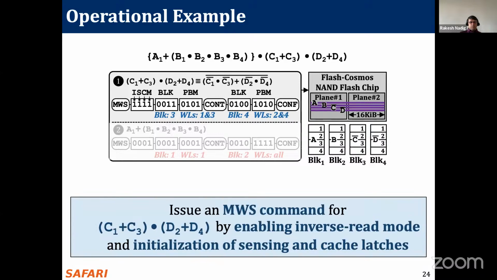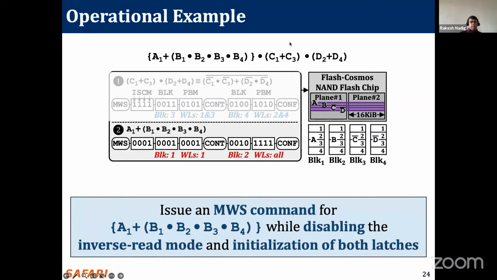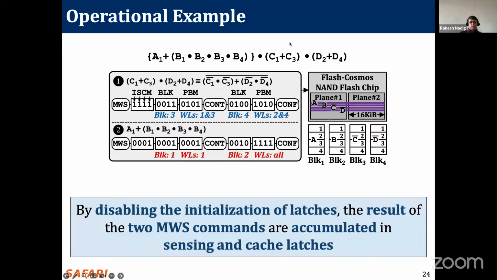We compute this equation using 2 MWS operations, and at the end of the second step, we get the accumulation of the results of both these operations, and that will be the end result.